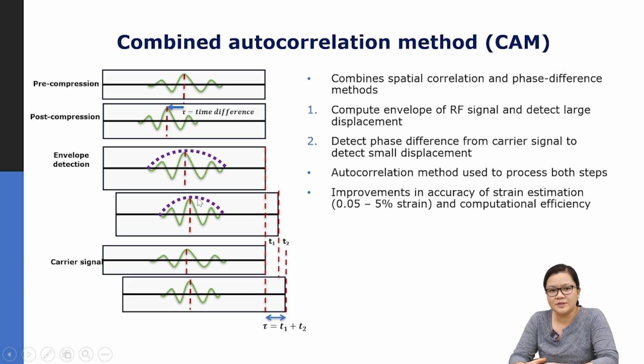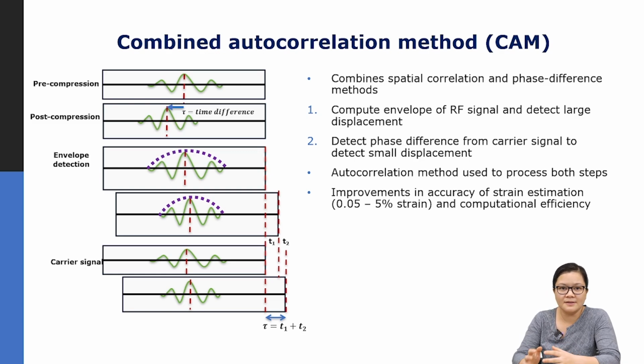Then you perform autocorrelation to detect the large displacements. Subsequently, if you look at the carrier signals here, you detect the phase difference from the carrier signals pre and post compression to be able to detect the small displacements, less than half a wavelength.